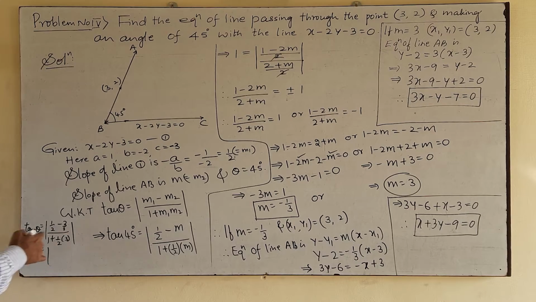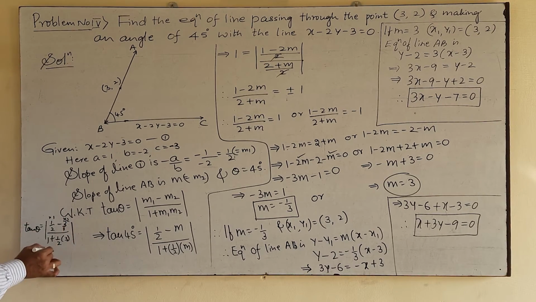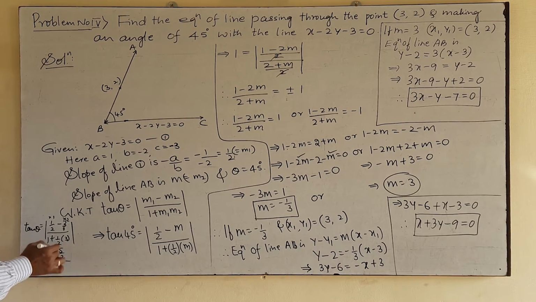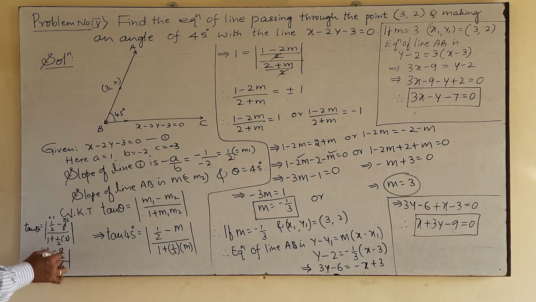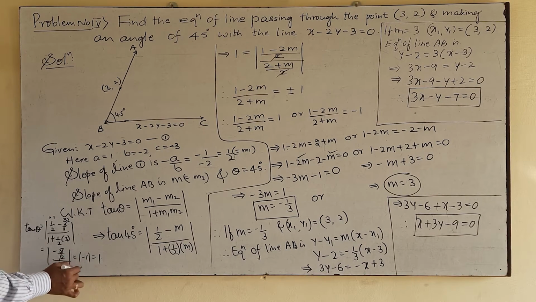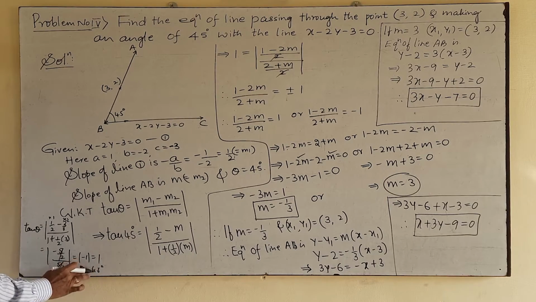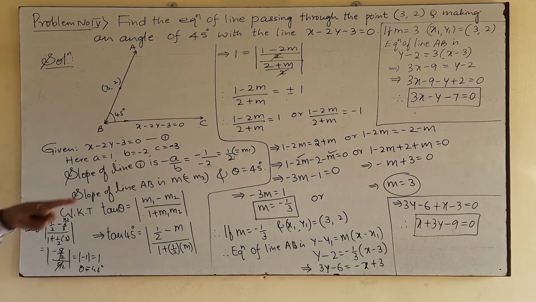So simplify, LCM is 2, 1 2s are 2, 1 1s are 1 minus 6 minus 5/2 divided by LCM is 2, 2 plus 3 5/2, 5/2 5/2 cancel, modulus of minus 1 is plus 1, tan theta value 1, angle theta is 45 degree. Both are satisfied, right?